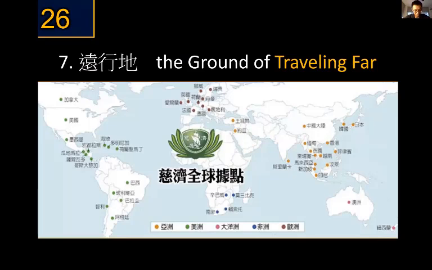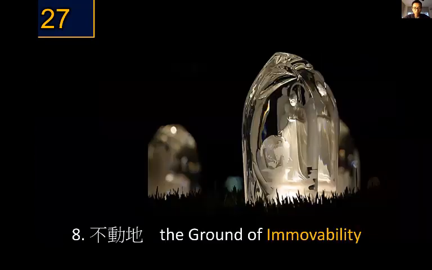And then the ground of immovability. Why this picture? I want to use it to depict 2 years ago, when, as we all know, Taiwan Tzu Chi met one of the hardest difficulties: defamation, untrue gossip and untrue news on the web.